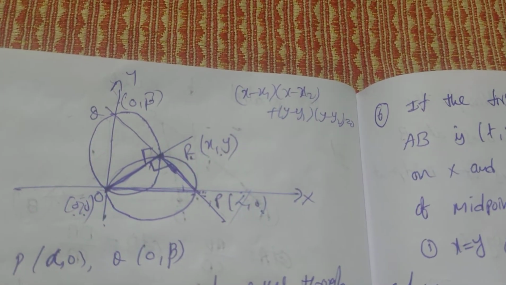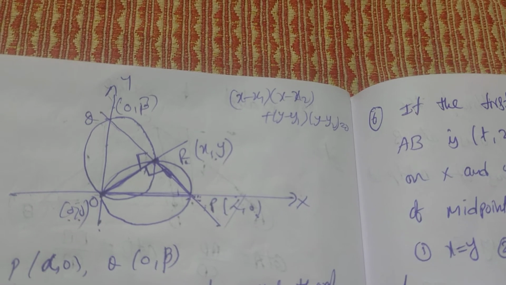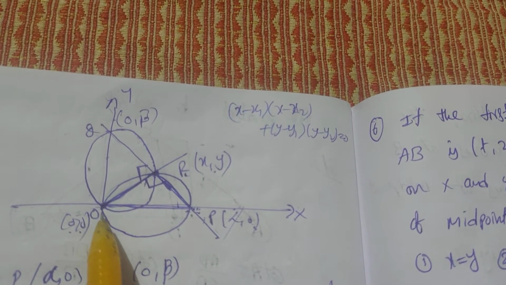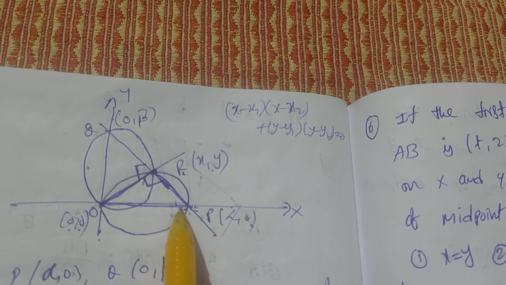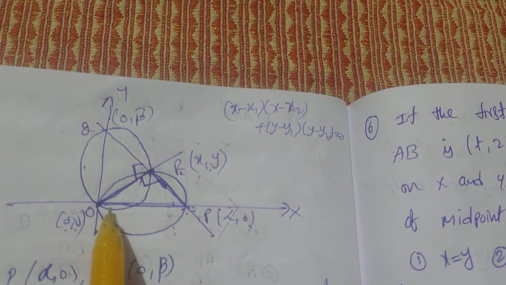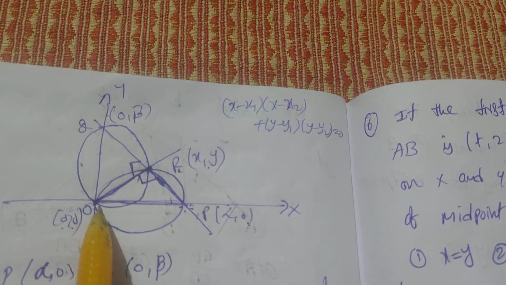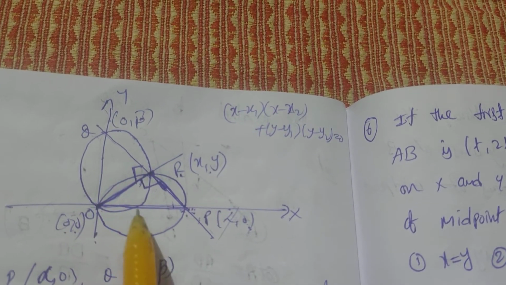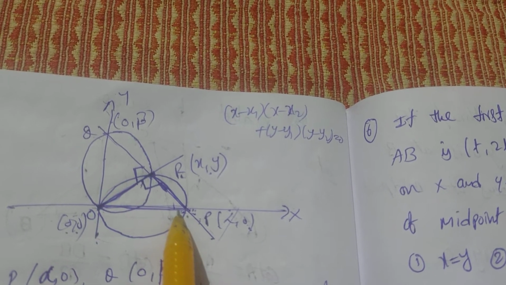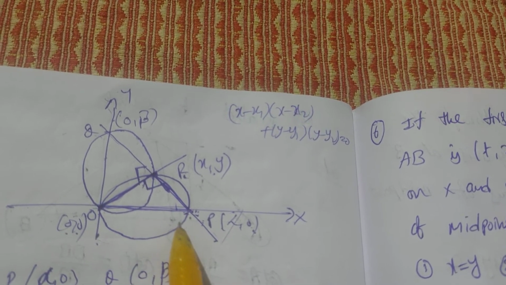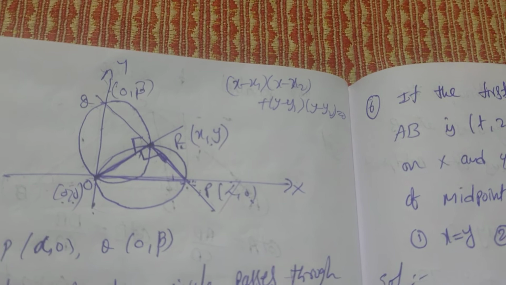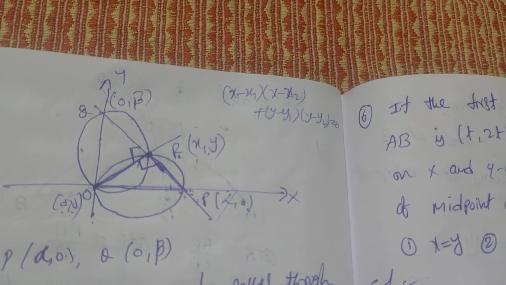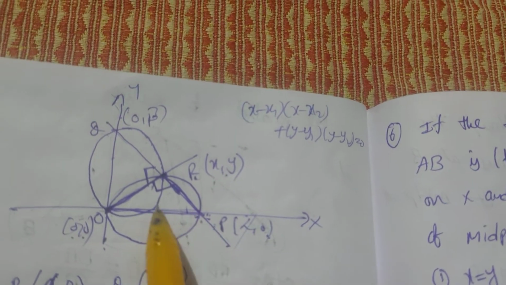Through any right angle triangle, we can draw a circle whose diameter is the line segment joining the non-right angle vertices. Understand?